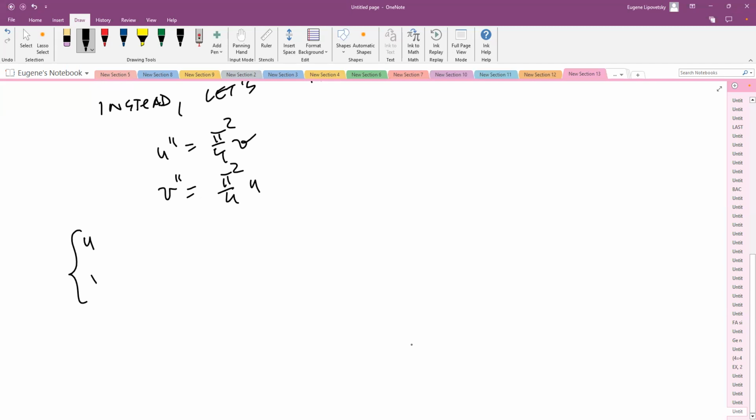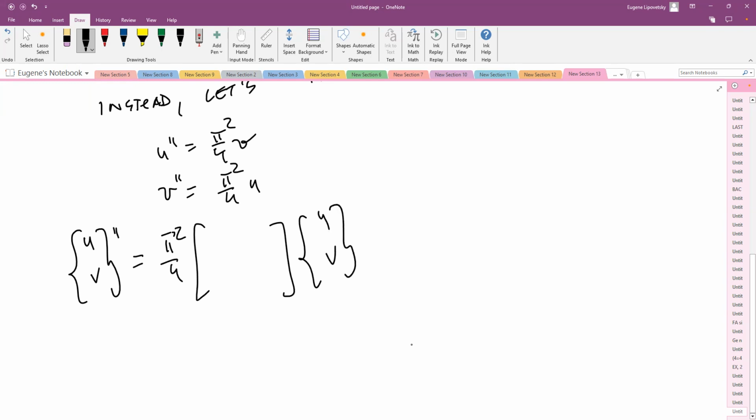It's going to be u v double prime equals pi squared over 4 times the matrix 0, 1, 1, 0, times u v. So far, are you okay with this one? Yes. Let's see what we can fish out of this approach.